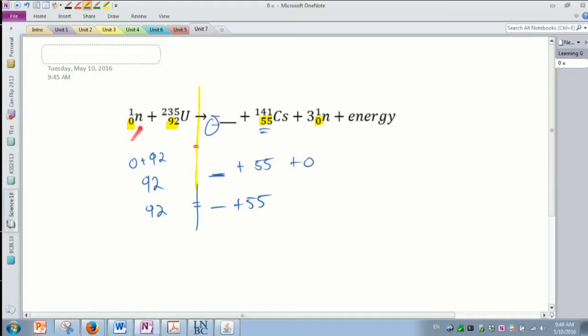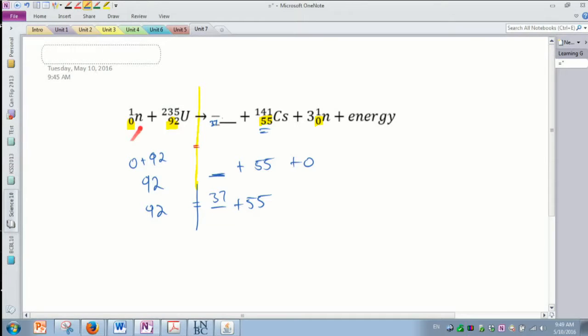Surely we can do this. Surely we can. 37, I don't know. 37 plus 55, let's add it together. 37 plus 55 is 92. What do you know? It's 37. So this little blank down here is going to be 37.